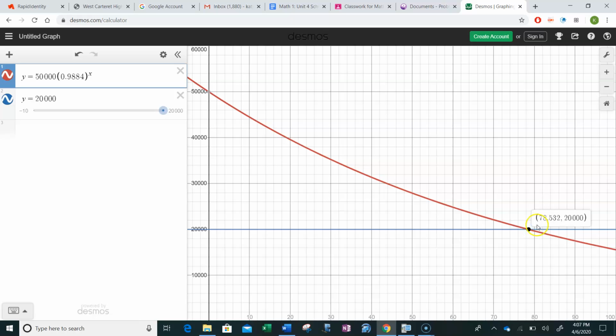What we can see is it gives us 78.532. So if the question said how many years to the nearest year, you would say 79 years. If it says to the nearest tenth of a year, you would say 78.5 years.